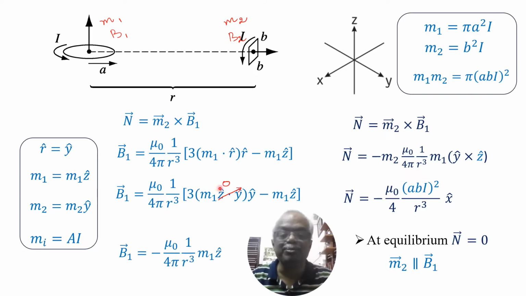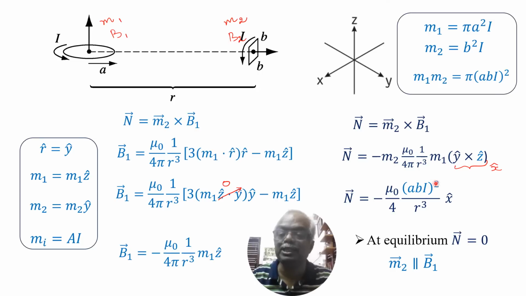B1 is equal to mu naught, of course with a negative sign: minus mu naught over 4 pi, 1 over r cubed, m1 along the z direction. m2 is along the y direction, so y hat, and B1 is along the z direction. y hat cross z hat is equal to x hat.